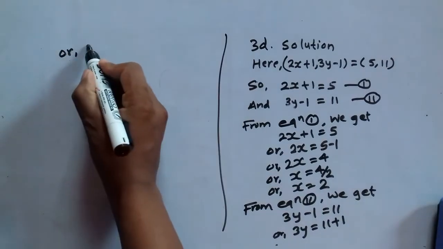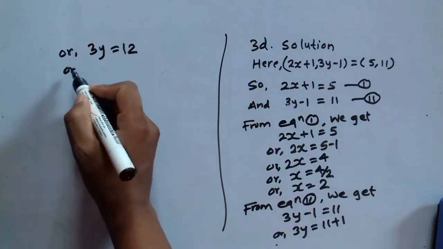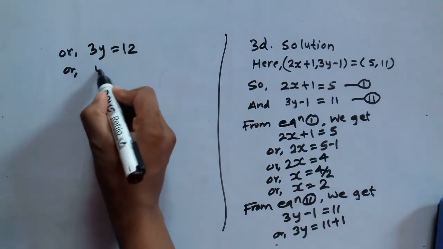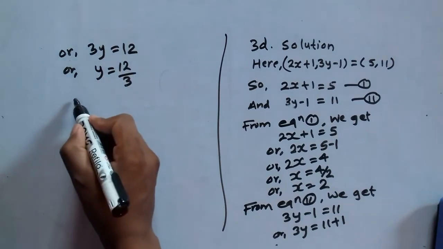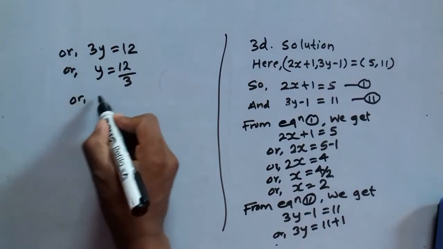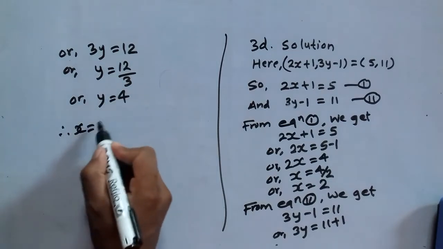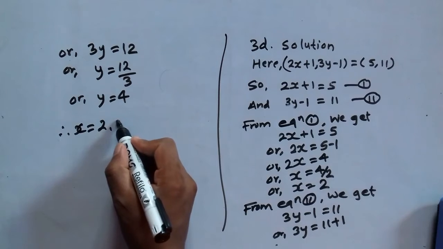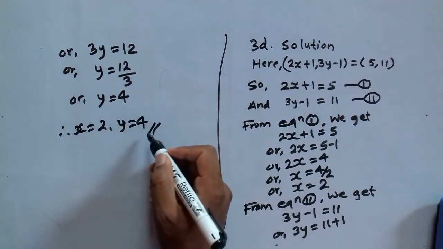So 3y equals 12, or y equals 12 divided by 3, or y equals 4. Therefore x equals 2 and y equals 4. This much is our answer.